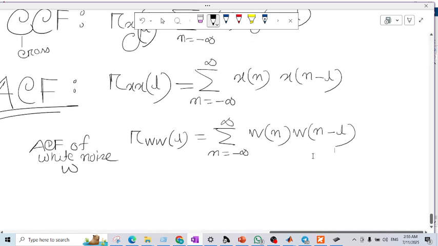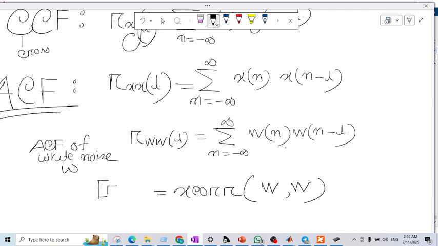But we don't need this rigorous formula because we have a built-in function in MATLAB, which is xcorr, and if you just pass W twice in this function, you will get the ACF or correlation function in terms of L.